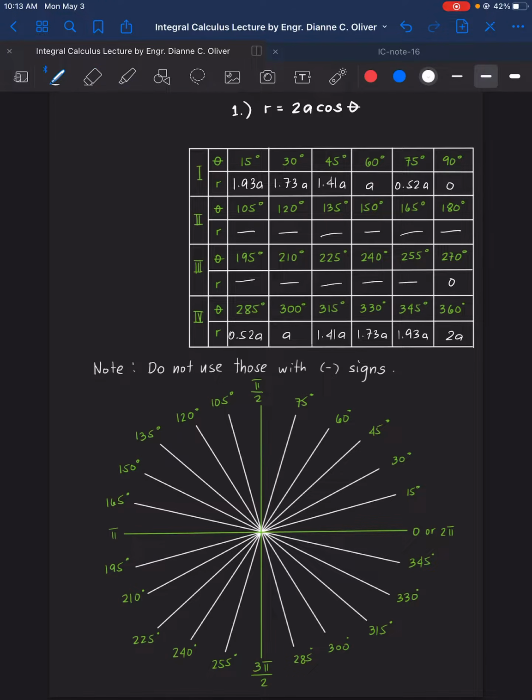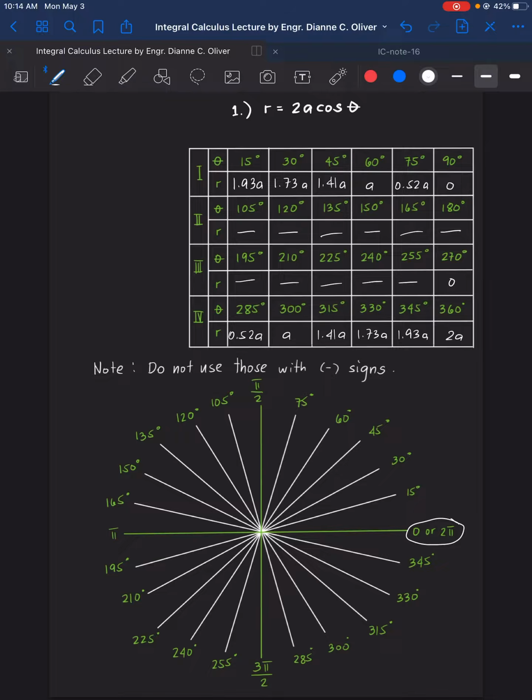Then finally, we can now plot the curve. If we are plotting the curve, look here. What's the radius at 15 degrees? What I do here is find the longest radius. The longest radius here is 2a, and it's located at 360 degrees.